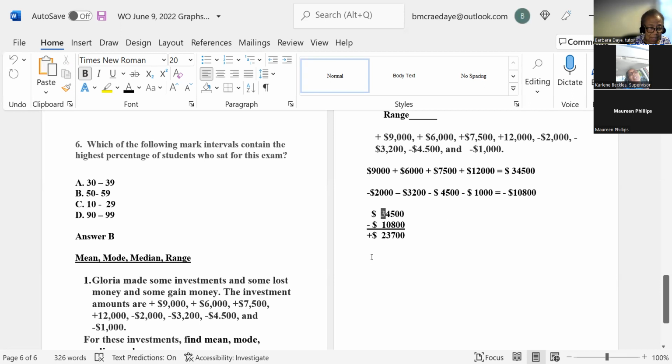So your mean would be equal to this 23,700. And you say you divide it by 8 because that's how many investment amounts you had, right? So you divide that by 8.